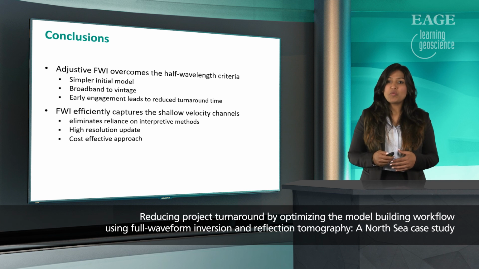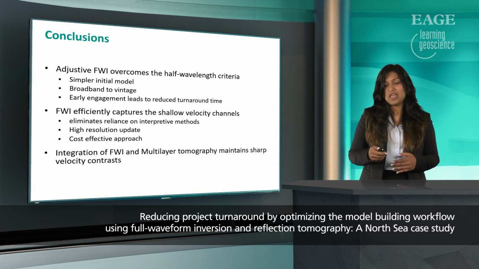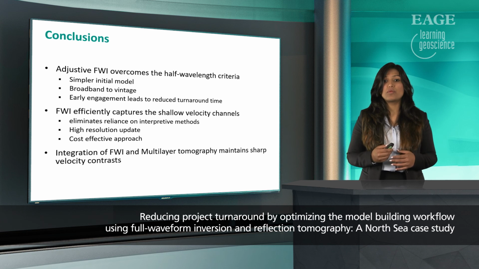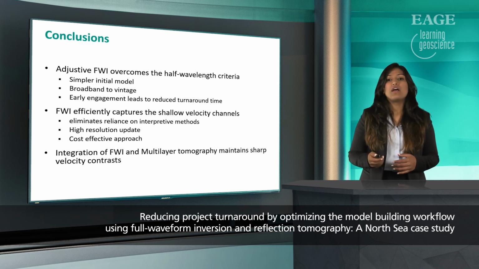With this workflow, we have been able to efficiently capture and achieve high-resolution shallow channel updates, and by limiting the depth of the update with FWI and just concentrating in the area where tomography really struggles, we have been able to achieve a cost-effective solution. And last but not the least, the integration of FWI and multi-layer tomography provides a good solution which helps maintaining the sharp velocity contrasts that are quite consistent with the borehole information.